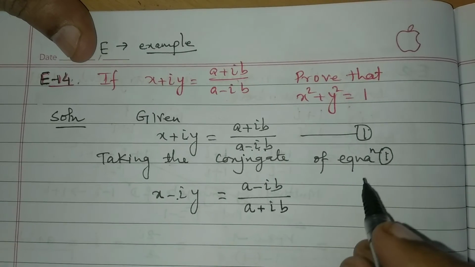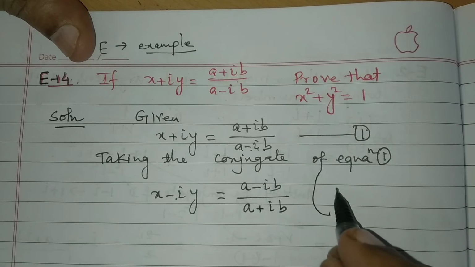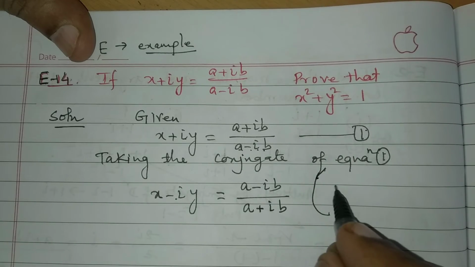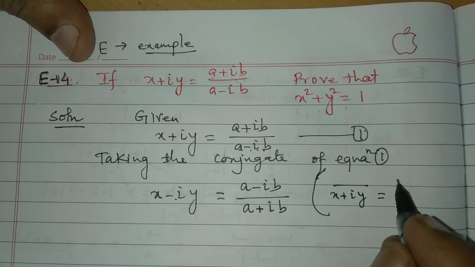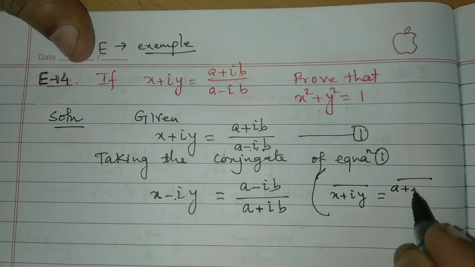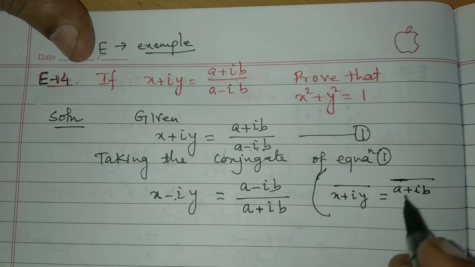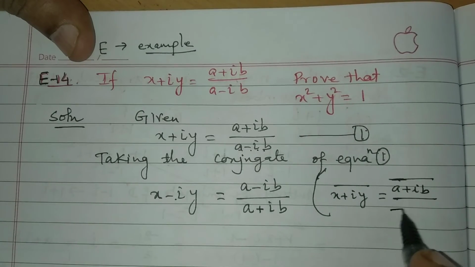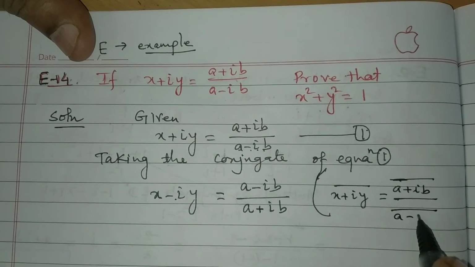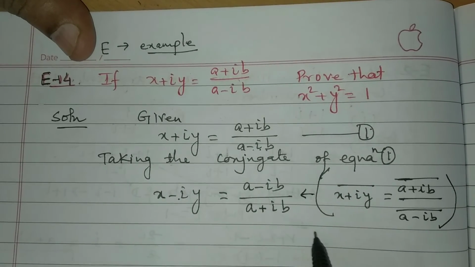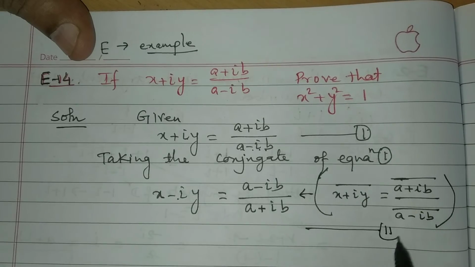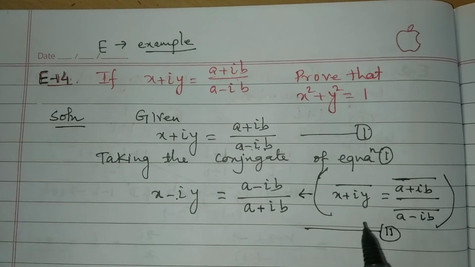Or you can write it this way also: conjugate of x plus iy is equal to conjugate of a plus ib divided by a minus ib, and this you will get. So this is equation number 2. You have to change the sign only.